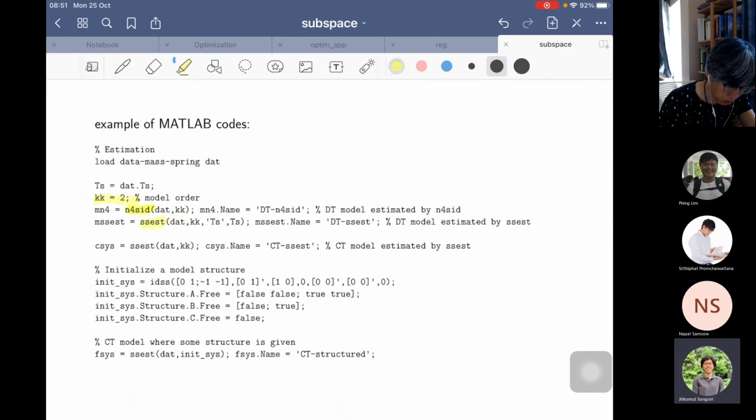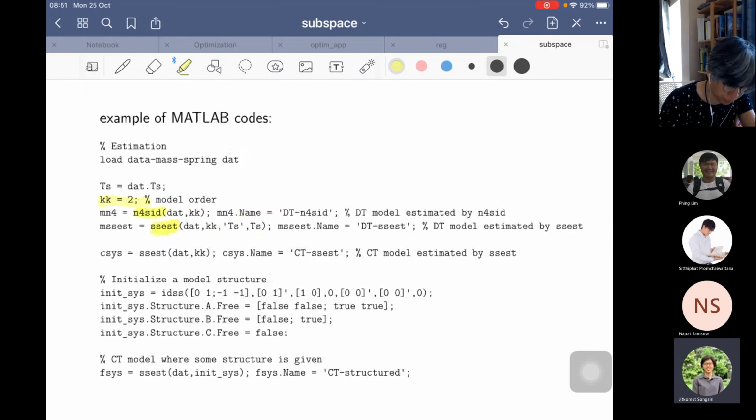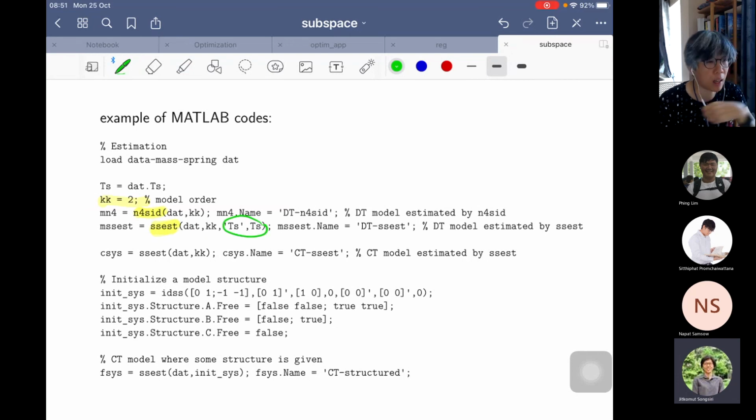Then the SSEST command, this is the estimate. You need to specify the sampling time so that it recognizes that you want a discrete time model. You can assign the name as well. That is the discrete time model without assuming the structure.